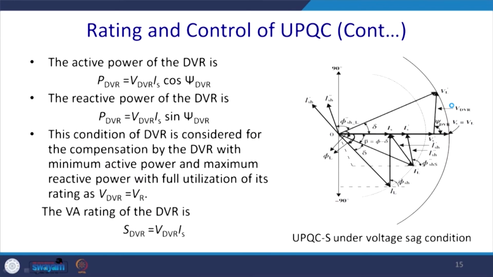Now, the active power of the DVR is P_DVR equal to V_DVR into Is cos psi_DVR. Similarly, the reactive power is with sin psi_DVR, and let us explain the phasor diagram. Here you will apply this angle optimally.